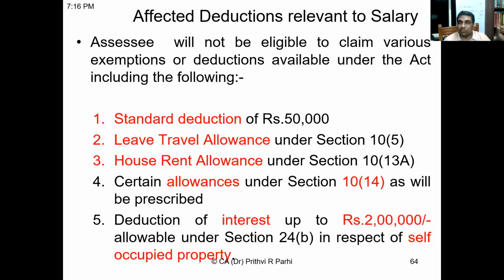Leave travel allowance, certain deductions are allowed, but under the new scheme you will not get it. Similarly, deductions under house rent allowance. Similarly, certain special allowances mentioned under section 10(14) will not be allowed. Deduction of interest up to 2 lakh rupees is allowed in respect of a self-occupied house property. This interest loss is allowed under the head income from house property. That will not be allowed.